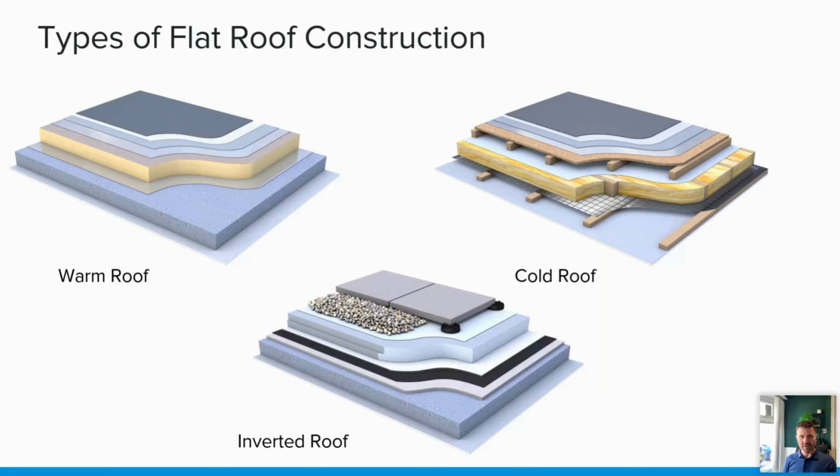Is there a vapor barrier in place, and what's the structural deck? If it's a cold roof, we should be trying to establish that from internally before we go on the roof. But if we take an area of waterproofing out and find that there's a timber deck there, we need to find out if that's been overlaid or whatever. We possibly need to drill through that timber deck to see that it's not a warm roof that's been overlaid.